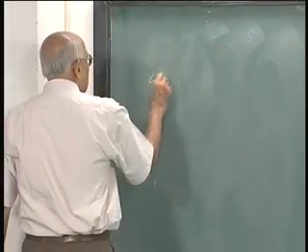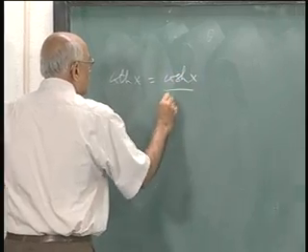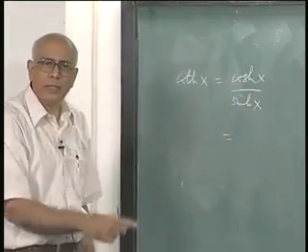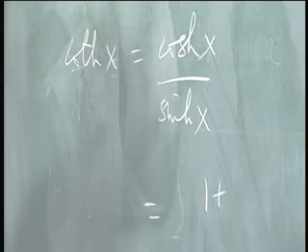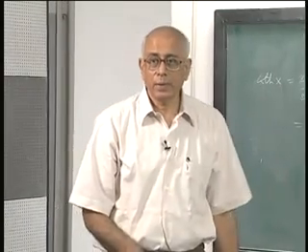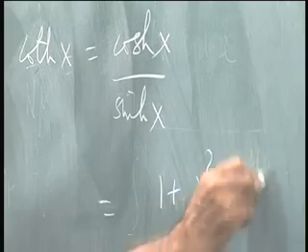So let us write coth x equal to cosh x over sinh x. Now what is cosh x as a power series in x? 1 plus. But what is the definition of cos? Cos is 1 minus x squared by 2 factorial plus x to the 4 over 4 factorial. For cosh, everything is plus: 1 plus x squared by 2 plus order x to the 4.